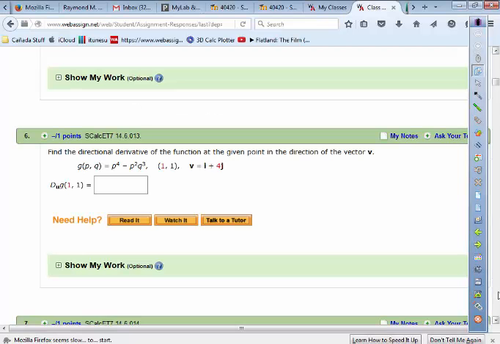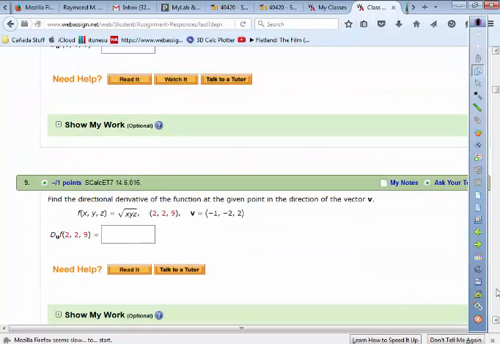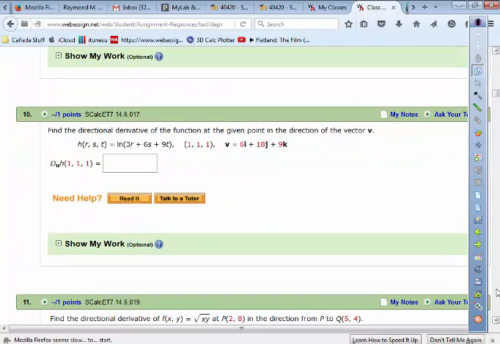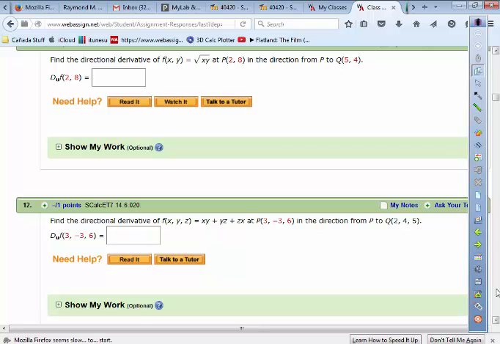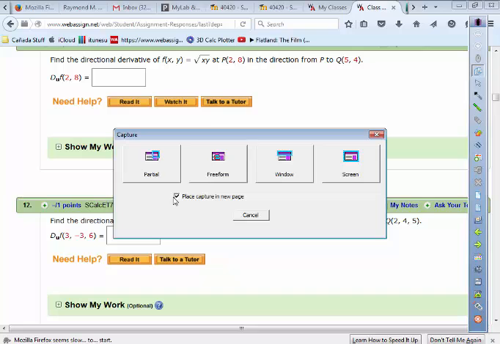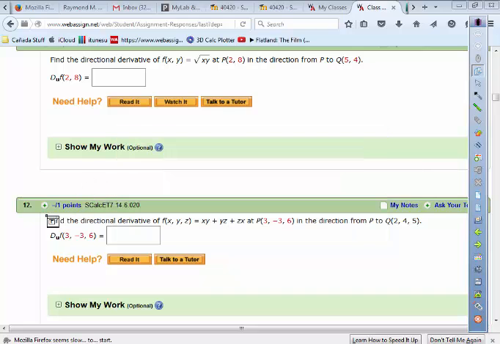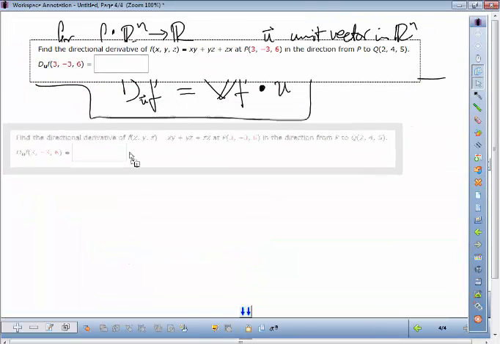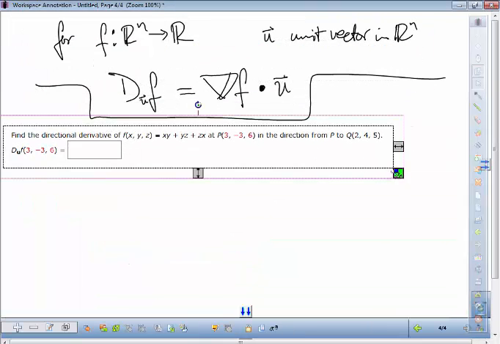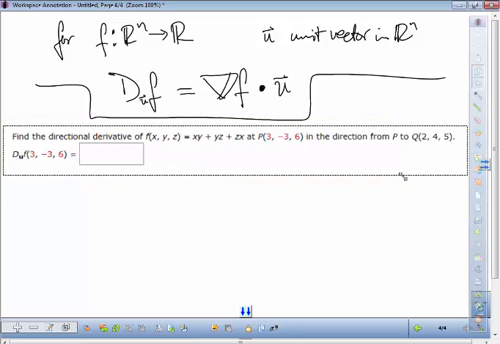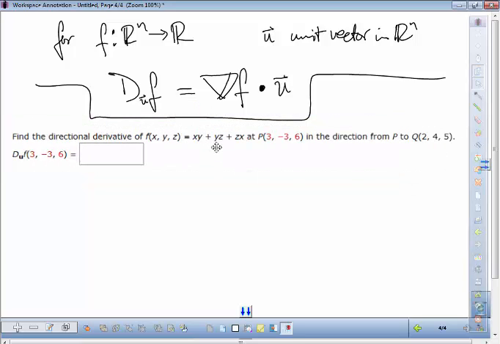So I think I ran into one of those over here. And let's do one that actually doesn't give you a direction directly. It gives you something where you have to kind of work for your direction. So number 12 has that idea in mind. So here our function is a function of x, y, and z. F(x, y, z) equals xy plus yz plus zx.